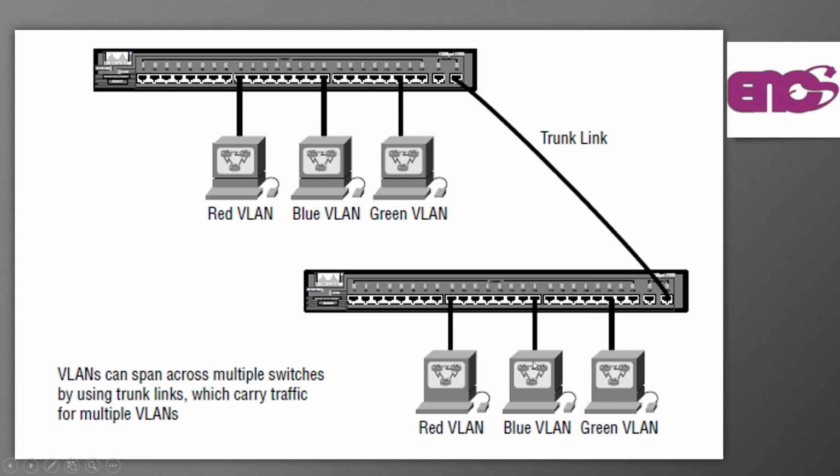You can also find them on the second switch. To ensure that the first switch communicates with the second switch, it needs a trunk link so that all the VLANs can be sent through the trunk link. So red VLAN here can communicate with red VLAN there, and blue VLAN can communicate with blue VLAN, even though they are geographically separated and not in the same location.